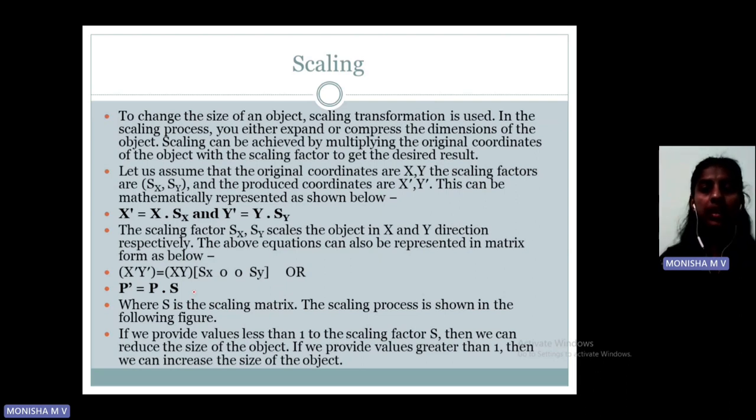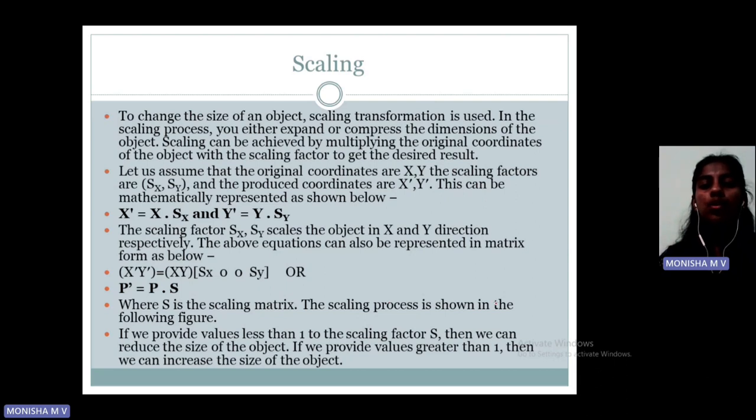As I told in the beginning, the produced coordinates are obtained by multiplying the original coordinates and scaling coordinates. The same we are representing in the form of letters and symbols, whereas s is the scaling matrix, which contains the scaling factors.